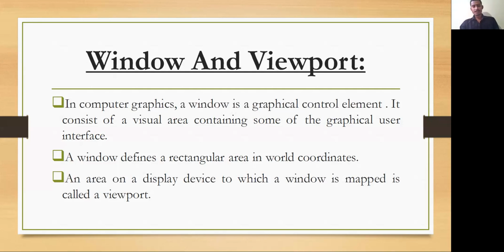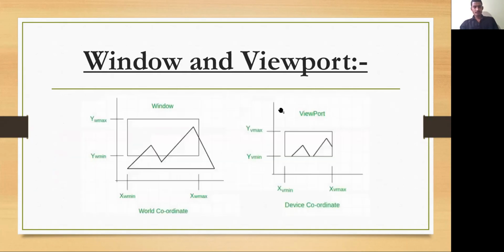We can understand this topic by figures. As you can see, we have two figures, window and viewport. On the left side of the screen we have a window, and on the right side we have the viewport. We have an x-axis and y-axis. Here we have a rectangular screen, known as the window, and a triangle-like figure. In the window we have the whole figure.